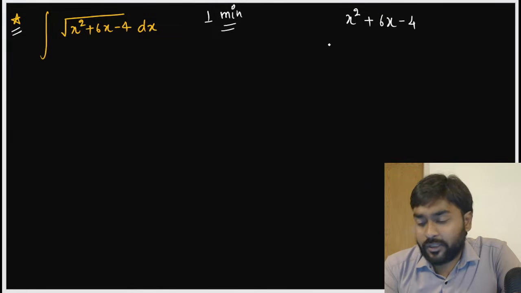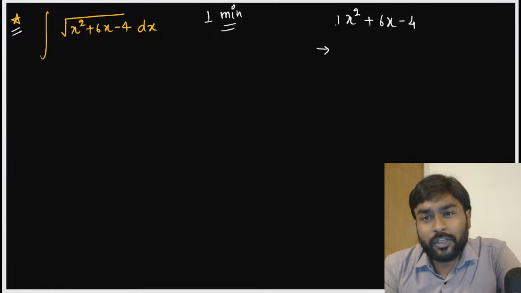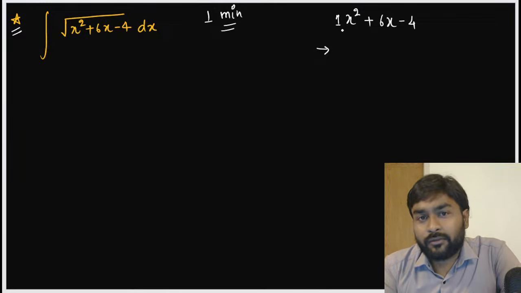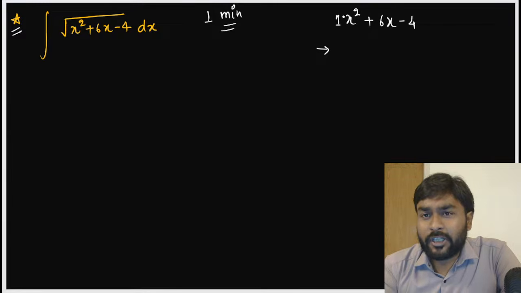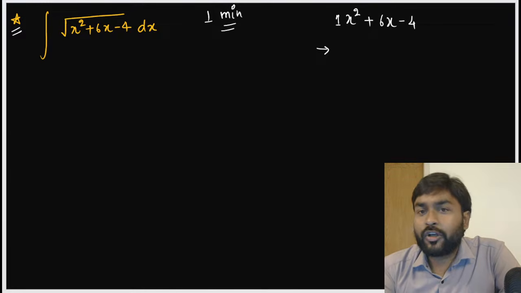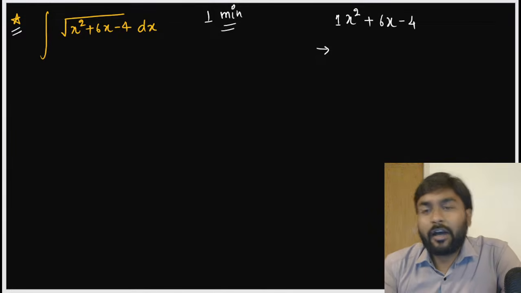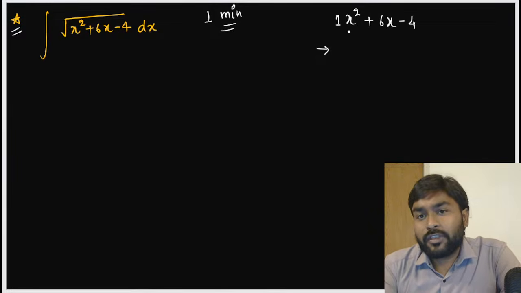So we have three lines. The first line says we need the x square coefficient to be 1. Here the x square coefficient is 1. If there is some other number, first we take that number common so that we can make the x square coefficient 1. Then the second line: this will become a square, and from here you will get b. How will you get b?